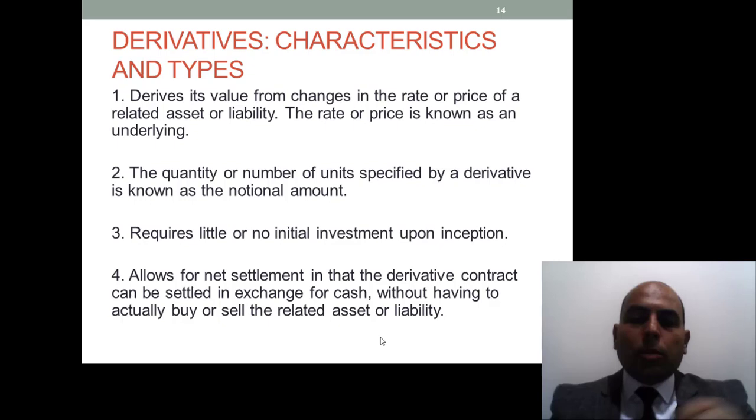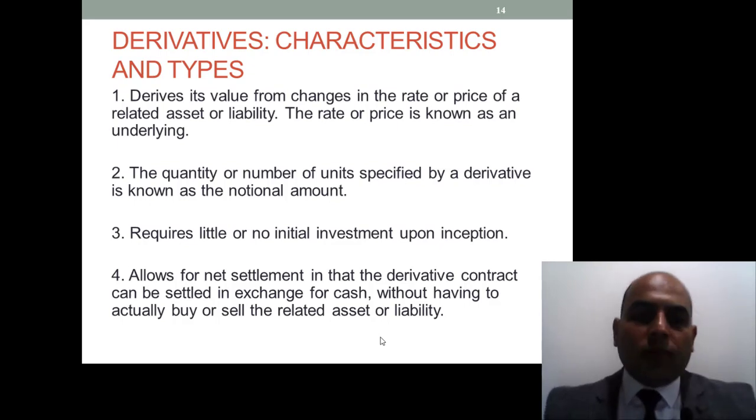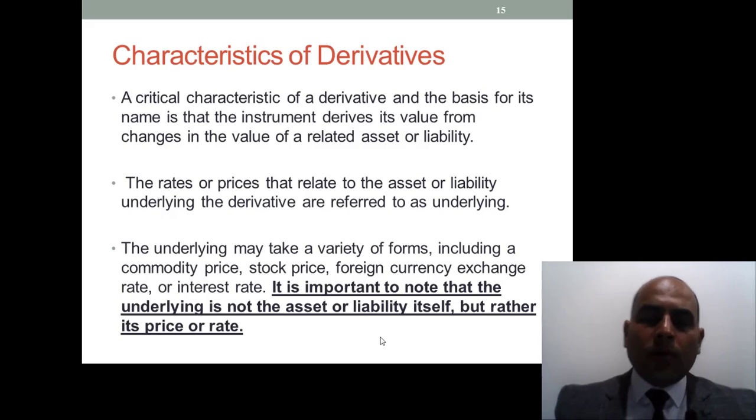For that, you will pay the margin between the intrinsic value and the execution value of the agreement. In general, these are the characteristics of derivatives.